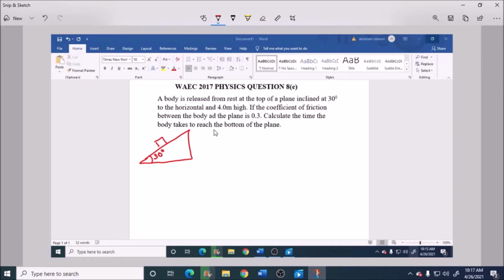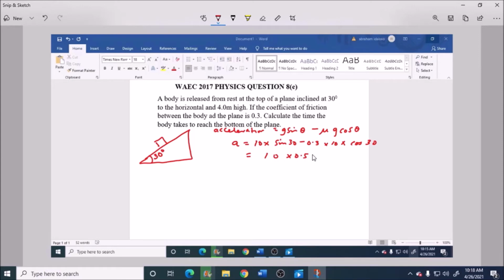Okay, so let's find the acceleration. Acceleration is equal to g sine theta minus mu g cos theta. So acceleration is equal to 10 times sine 30 minus 0.3 times 10 times cos 30 degrees, which is equal to 10 times 0.5 minus 0.3 times 10 times 0.8660.